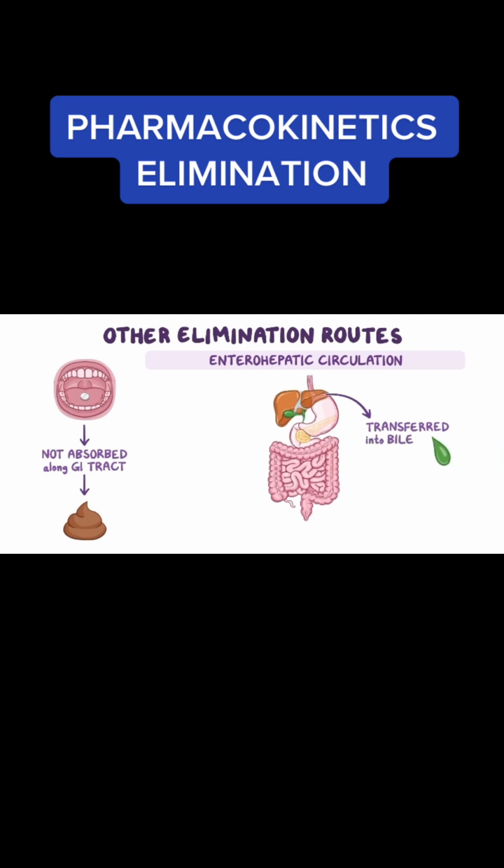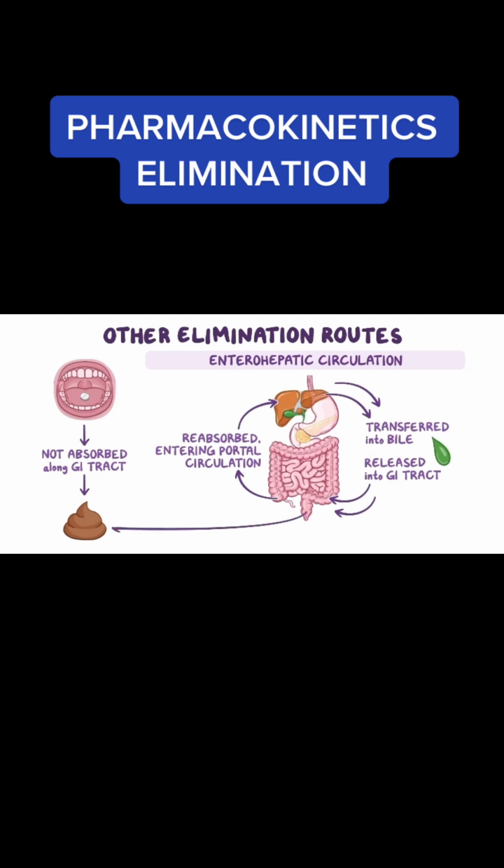After that, bile carrying the medication is released into the GI tract, where the medication can be reabsorbed, entering the portal circulation to ultimately return to the liver. At this point, the process of enterohepatic circulation occurs again, and the liver transfers the medication back into the bile to be secreted into the GI tract, until it's ultimately eliminated from the body through the feces.